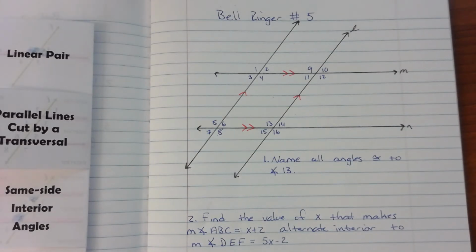You can go to the bathroom if you get this right. So we have 16, 13, 9, 12, 5, and 8, and 1. So we are missing one more. Why? Uh, 10 is alternate exterior to what?